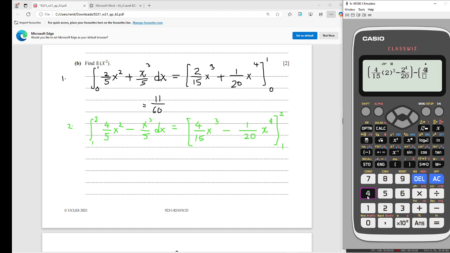So we get 4 by 15 times 1. 1 will have no effect in terms of the coefficients. So we're going to have 67 over 60. Let's put that here.